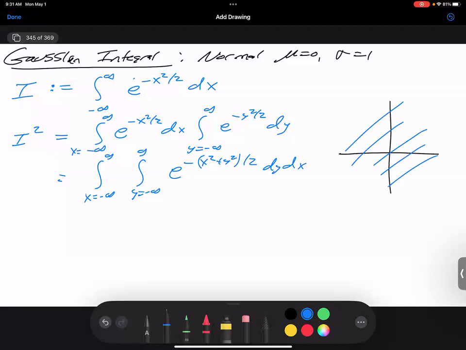So I have my function f of x, y is e to the negative x squared plus y squared over 2. f of r cosine theta, r sine theta, what would that equal?